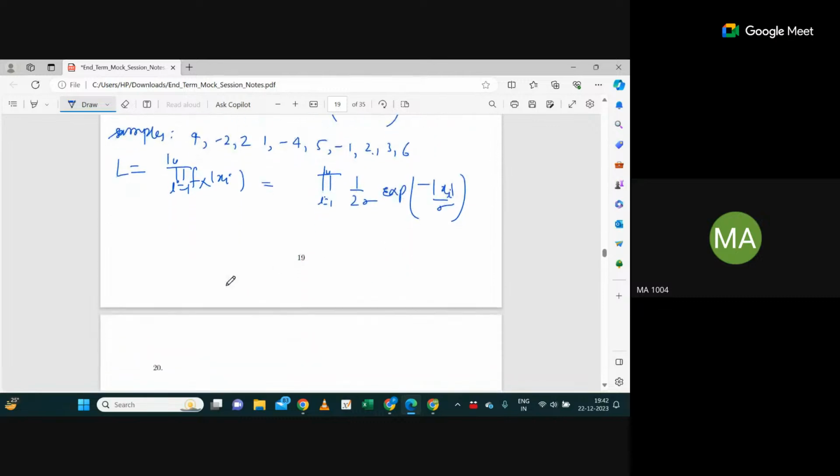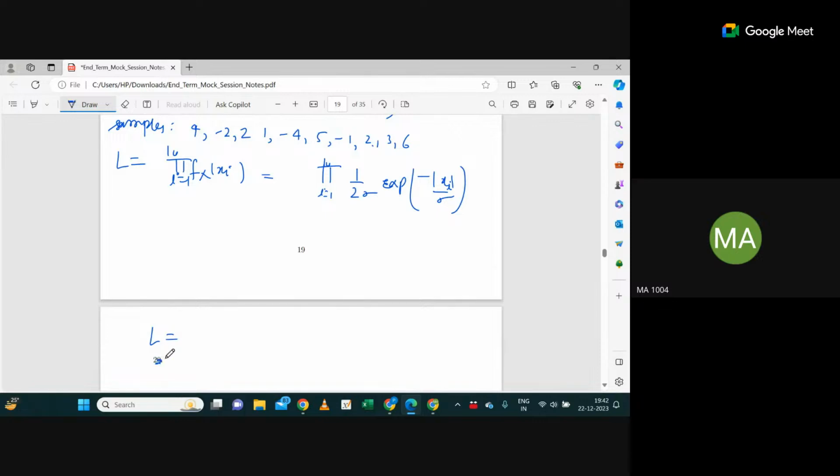If I expand, I will simply write 1 upon 2 sigma raised to the power 10, because I have to multiply 10 times. And then e raised to the power minus modulus x1 by sigma, minus modulus x2 by sigma, up to minus modulus x10 by sigma.